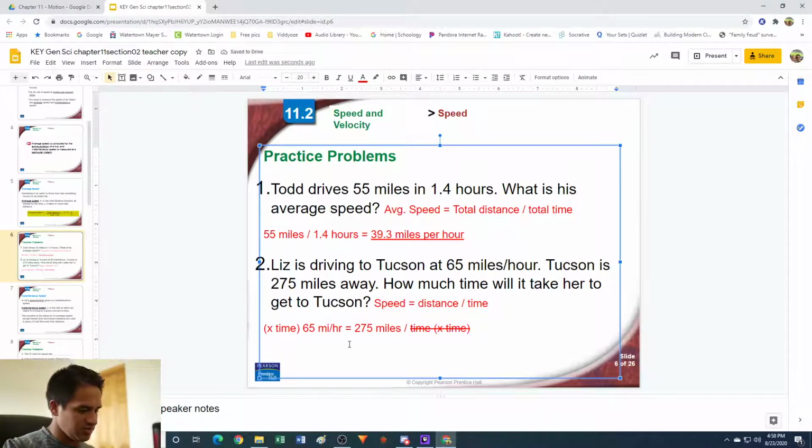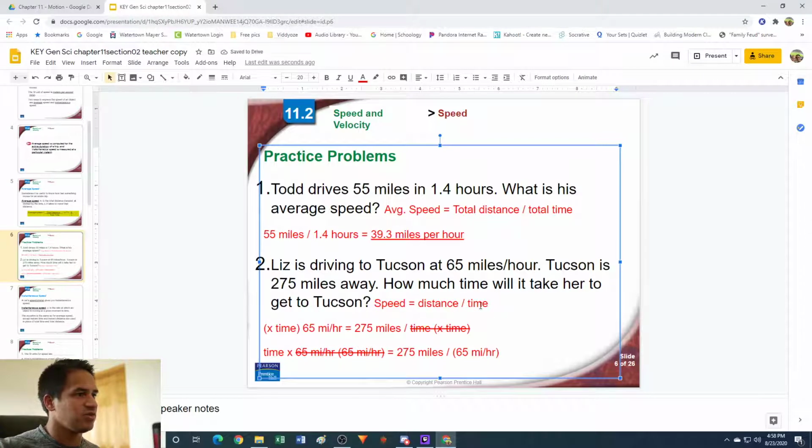So we'll get time multiplied by 65 miles per hour equals 275 miles. And then to get the variable time by itself, we're going to divide both sides by 65 miles per hour. And then these two will cancel out with each other.